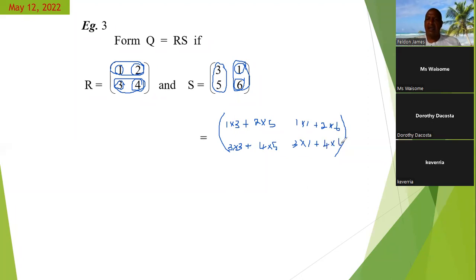All right. So now, Miss Green, what would be the sum of the products of the first number here? 13, sir. All right, so we have 13. Miss Dorothy, what is the sum of the products of the top number on this side? 13.